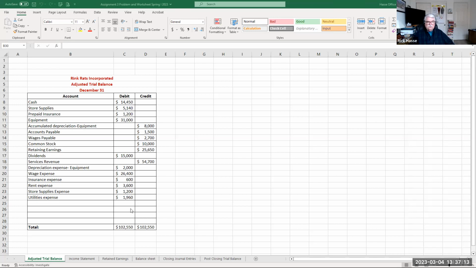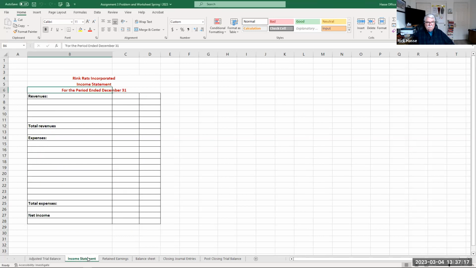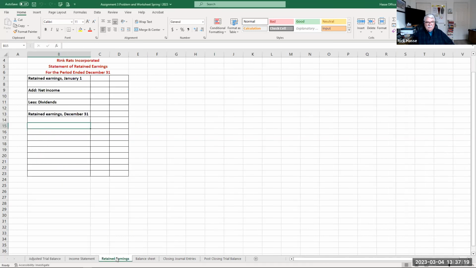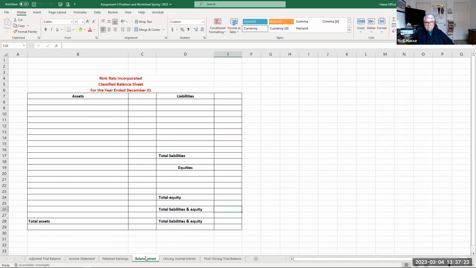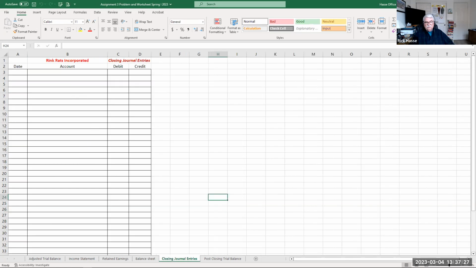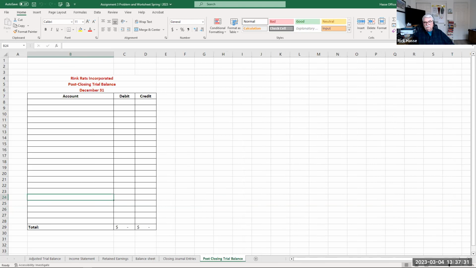You use this adjusted trial balance to prepare the income statement on one tab, the statement of retained earnings, the classified balance sheet, prepare the closing journal entries, and prepare a post-closing trial balance after those temporary accounts are closed to go forward into the next year.